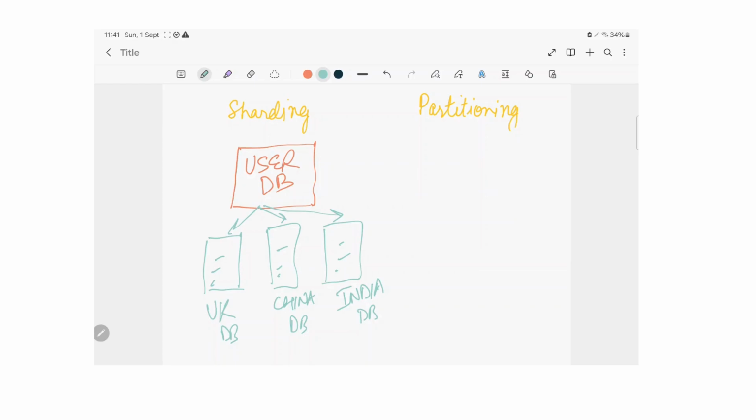What can we partition by? Let's take an example. Again we have a big database, say this also as the user database. And what we are partitioning by, we can take the example of partition by date.